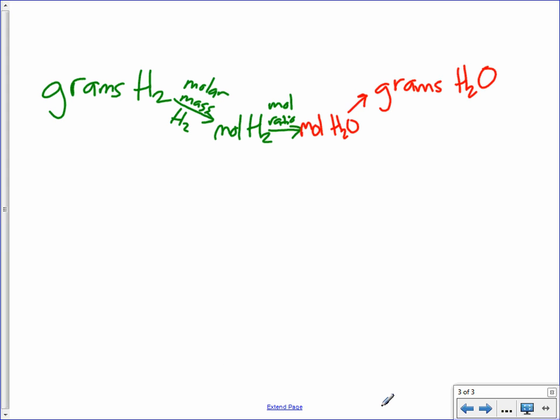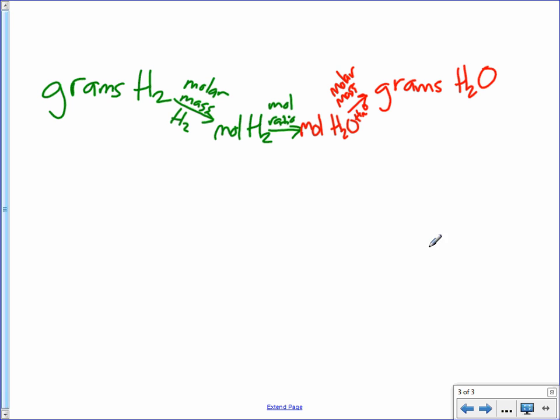All right. Final step, converting from moles of water to grams of water. You use molar mass of water. Okay? Molar mass of water. So this is just a three-step process to get from grams of reactant to grams of product.